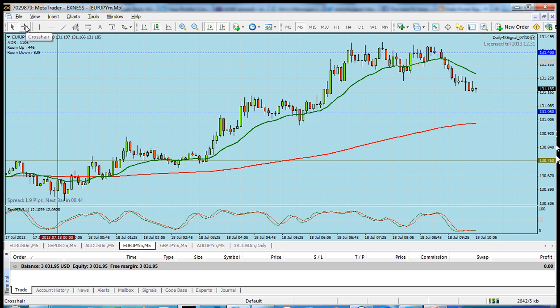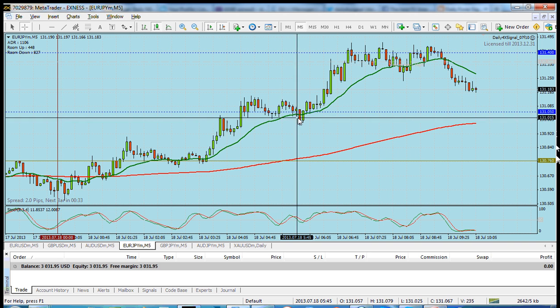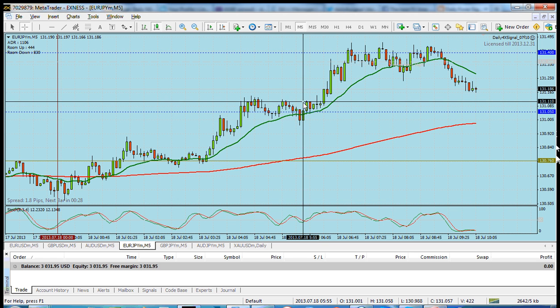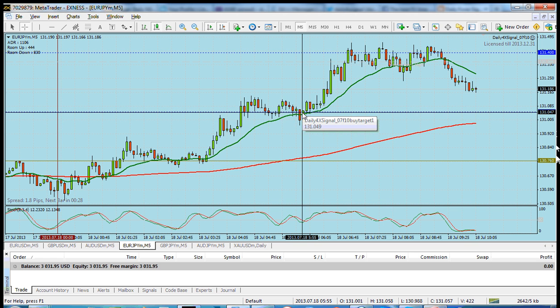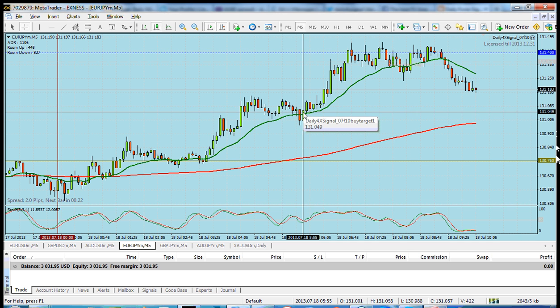Next, look at another scenario. If we have any other occasions where we were able to get in, this is definitely an occasion where we could have gone in. You see, the candle is a bullish candle. The bullish candle closes above the resistance line. The candle is above the 20 SMA. The 20 SMA is above the 200 SMA.